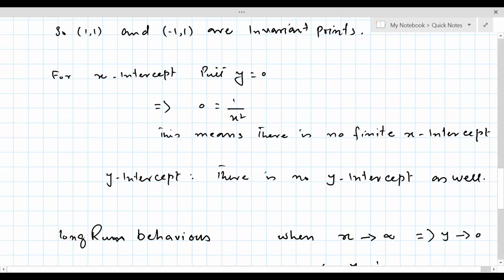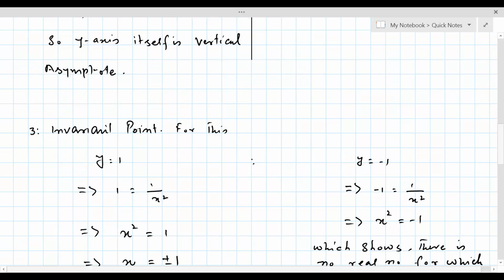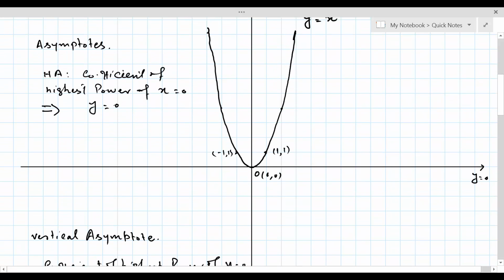Now let's draw the graph of this on the grid, and we have the invariant points. We know that the y-axis is an asymptote, so let's bring the graph from infinity and start it moving out because it has to pass through this point.